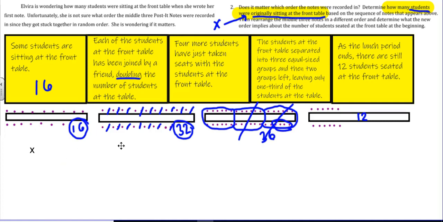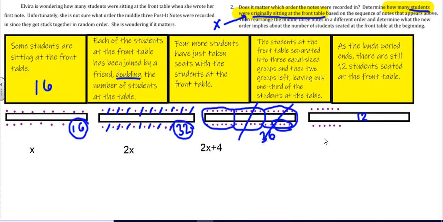Each of the students at the front table has been joined by a friend, doubling the number of students at the table. So if they're doubling, that's multiplying by 2. So I have 2x. And then 4 more students have just taken seats at the front table. So we're adding 4. So we have 2x plus 4.